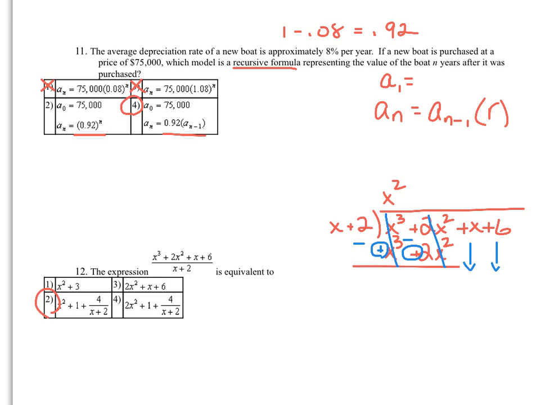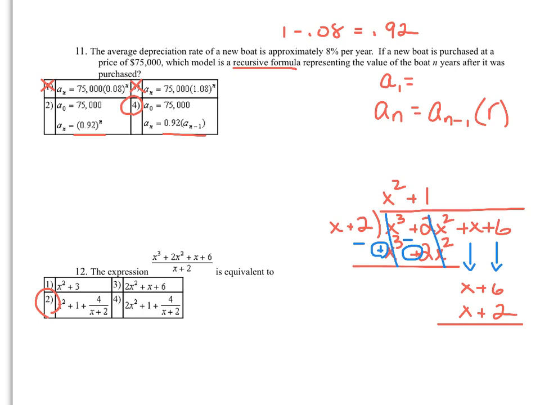All right, so when we bring those down, we get x plus 6, and then I would just be multiplying by 1, right? So I get this 1 here. I'm going to multiply it by the x, and I'm going to multiply it by the 2 as well. So that would give me x plus 2.